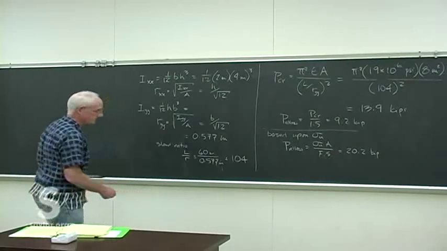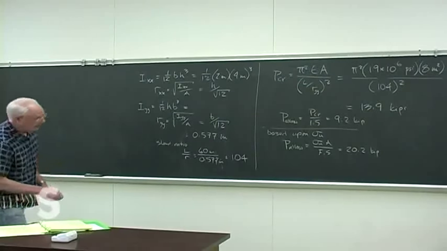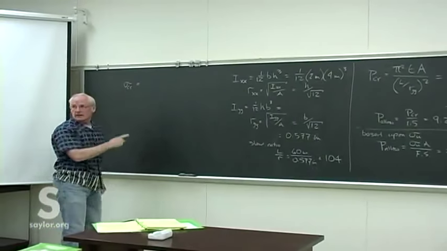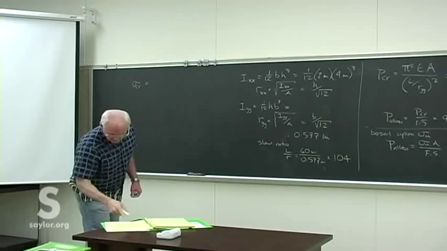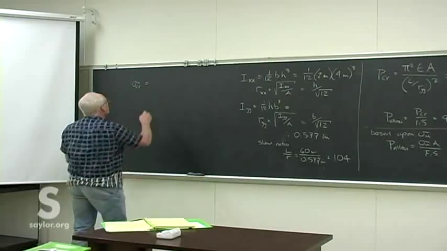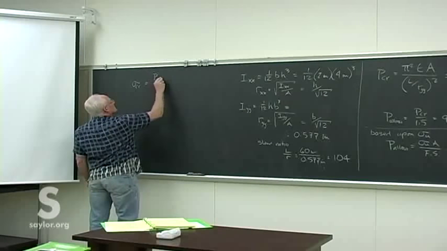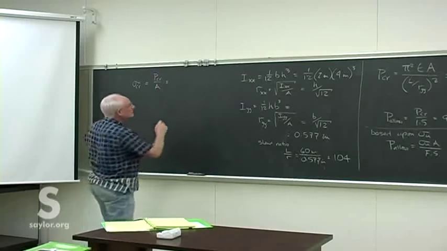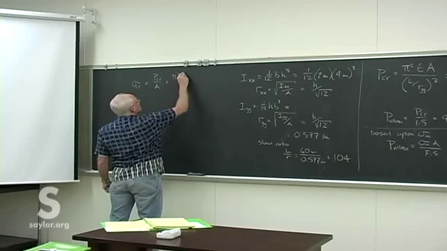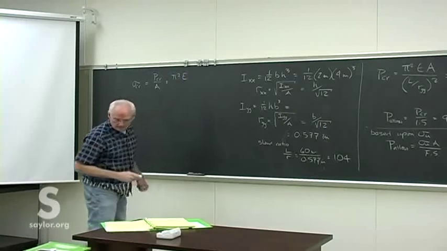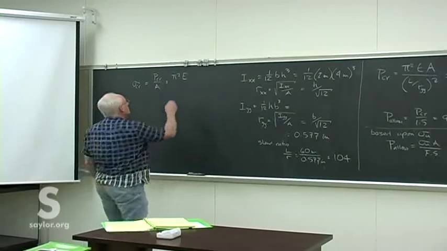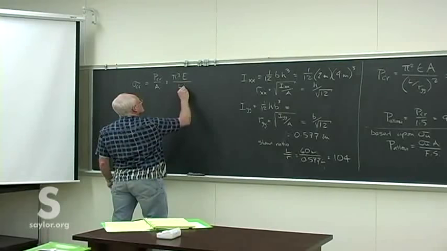Remember, we had this critical stress equation, and that's where we brought in the slenderness ratio. This equation was pi squared E over L over r squared.